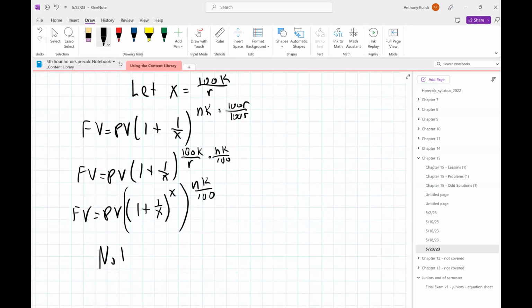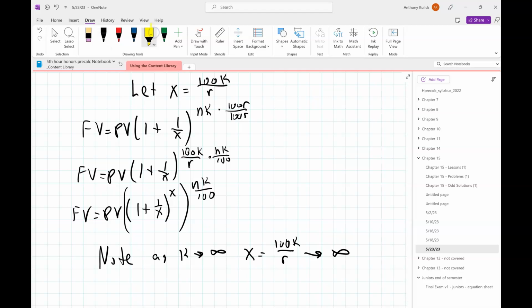So now what I do is I note, hey, that as k goes to infinity, x equals 100k over r, that also would have to go to infinity as well, right? Everybody's okay with that?